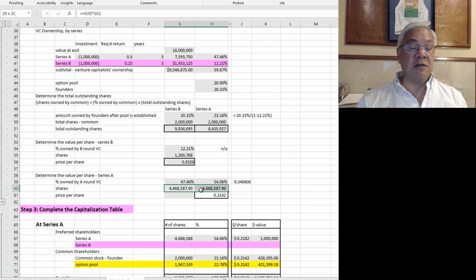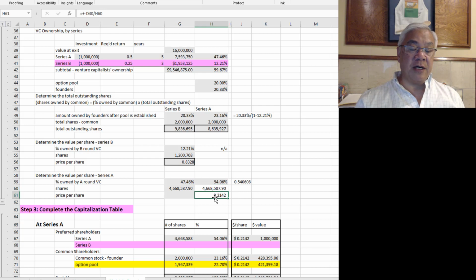Notice that their shares don't change, similar to here where the shares for the founders don't change. So these stay static, but the percentage changed because in Series A, there's no B investor yet, so no shares issued to them. And then as the B shares are issued, the denominator gets bigger, and therefore the ownership percent for both the founders and the Series A will drop.